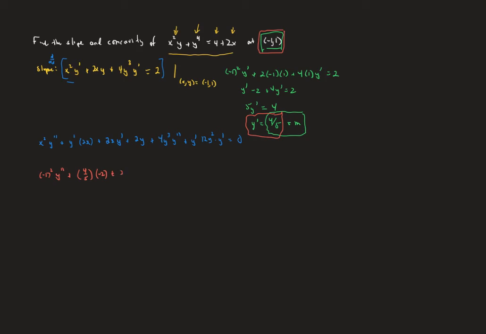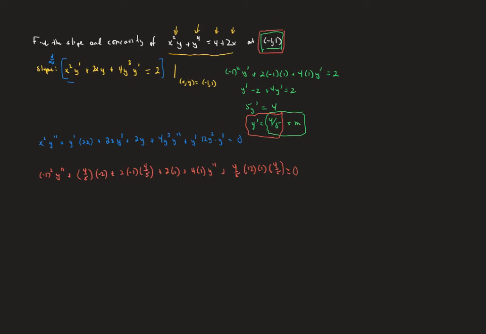Plus, we have 2 times negative 1 times 4/5 is the y prime, plus 2 times 1, plus 4 times 1 cubed is 1, times there's another y double prime, plus y prime, which is again 4/5, times 12, and times y squared, which is 1, and times y prime, which is 4/5, is equal to 0.